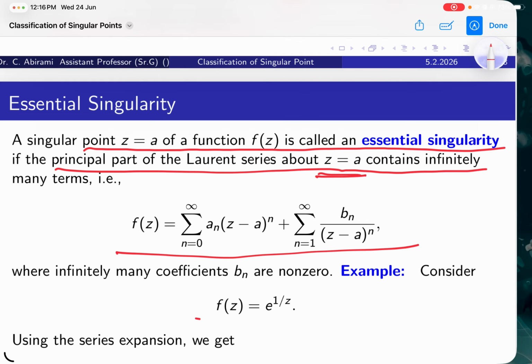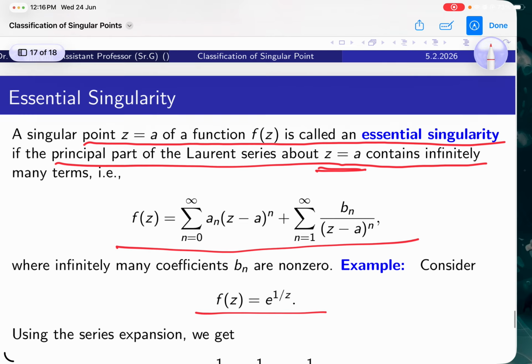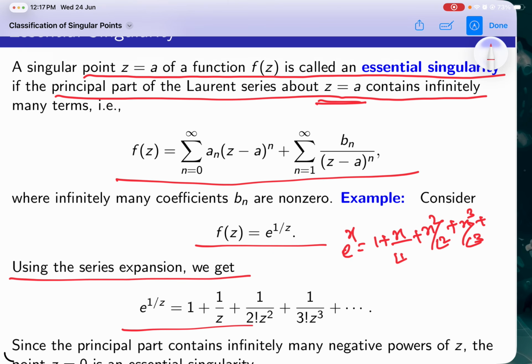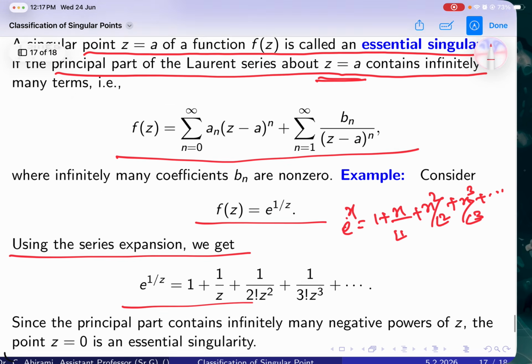If it is possible to expand f of z in this form, then I can easily conclude an essential singularity. For example, f of z is equal to e power 1 by z. Using the series expansion, because you know that e power x is equal to 1 plus x by 1 factorial, plus x squared by 2 factorial, plus x cubed by 3 factorial, and so on, you can replace x by 1 by z and expand like this.